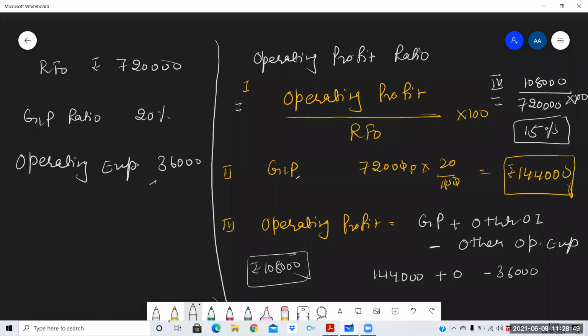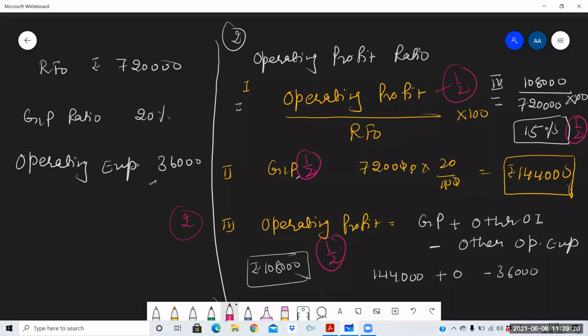Suppose this question comes in the exam for 2 marks. Half mark you will get for writing the formula. Whatever question you are doing in ratio analysis will have 4 steps. Half mark for writing the formula, another half for the first variable, another half for the second variable, because in every ratio there will be 2 variables, and finally half mark for the answer.